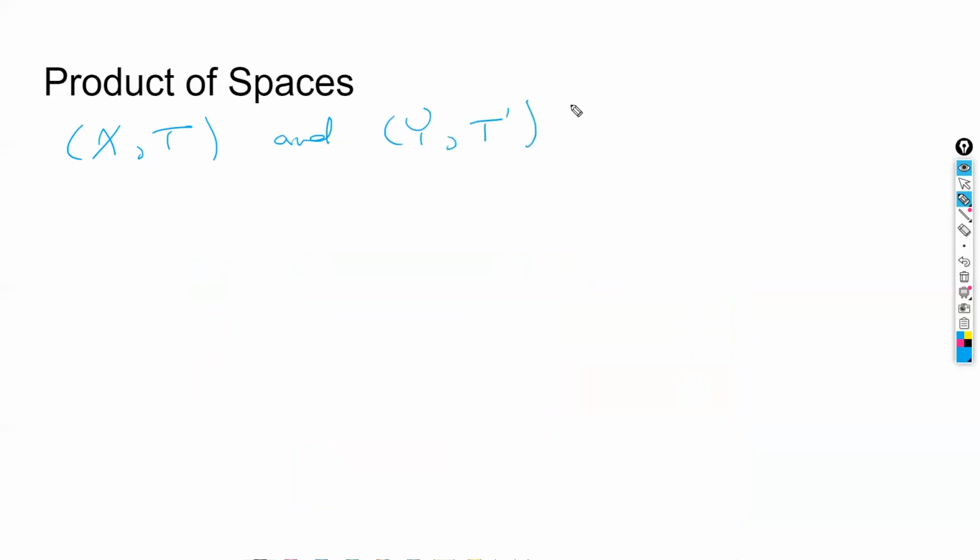Okay, so in general, if we have 2 spaces, so here I'm going to call them X, T and Y, T prime. These are 2 spaces. The product, so X times Y, and you can write T times T prime if you really want, is the product topology.